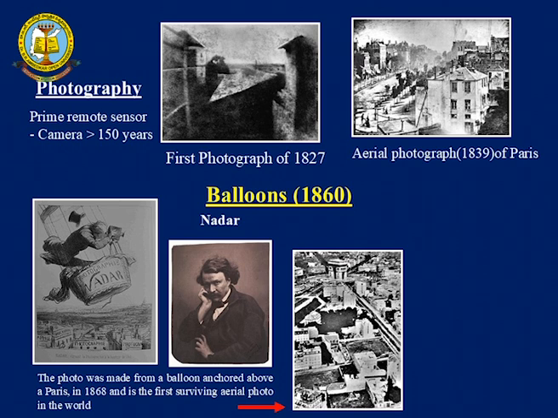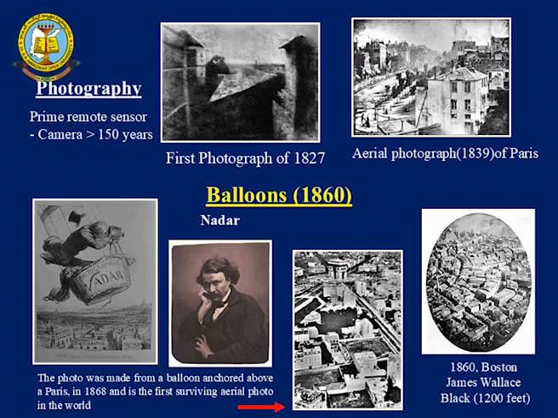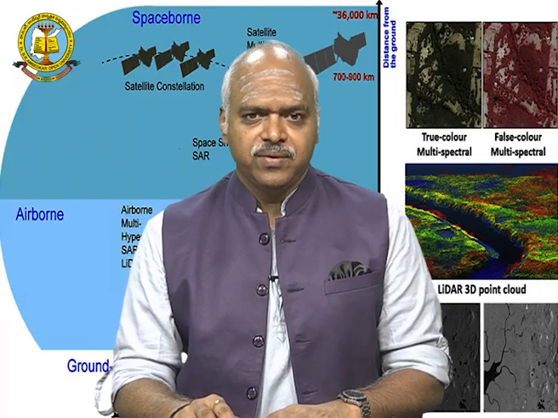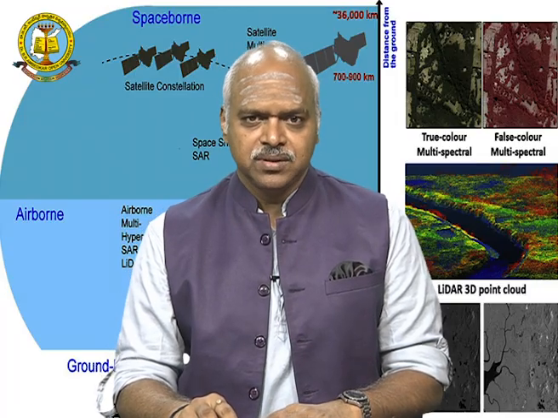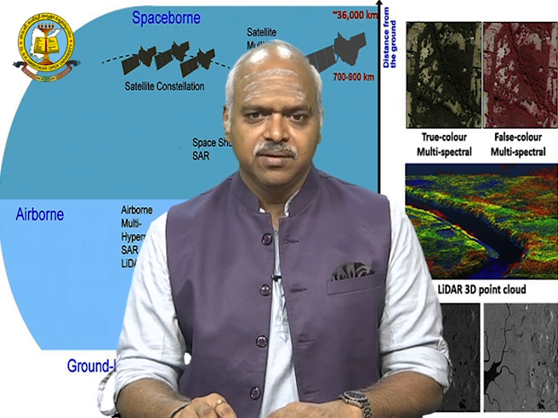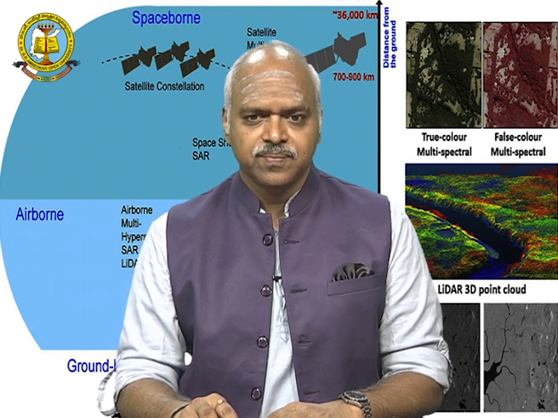This is one of the primitive photographs taken from a balloon as a platform around 1868, and this is the first surviving aerial photo in the world. There is one more picture of Boston by James Wallace taken at a height of 1200 feet around 1860. So balloons are thought to be the first platforms that resulted in the creation of aerial photographs.